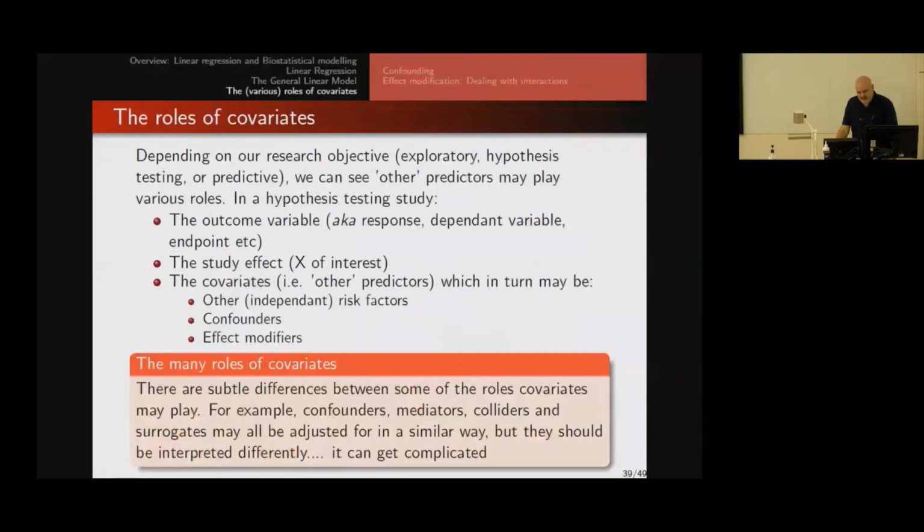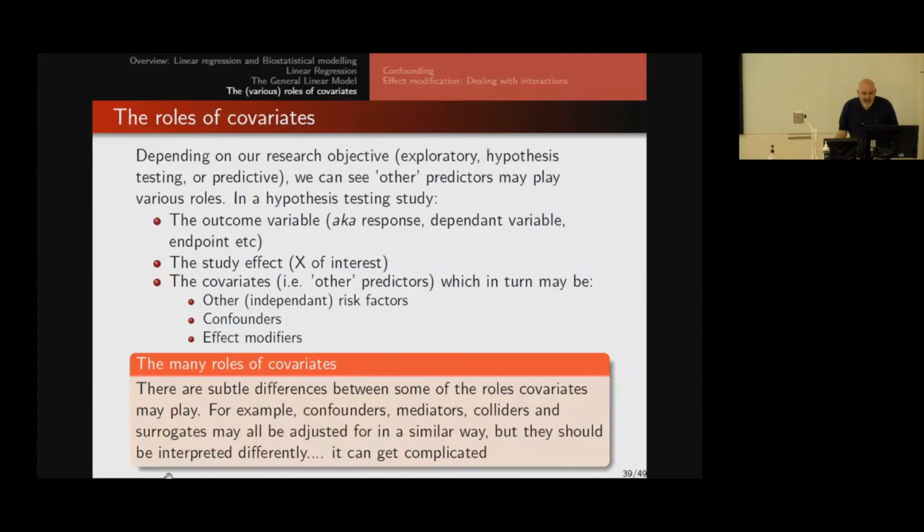Okay, so really, the last thing I do want to say is that there's three main roles. There are subtle differences for some of these roles, but there's three main roles that a predictor, or I should say a covariate, an X variable, can have on the outcome variable, okay?